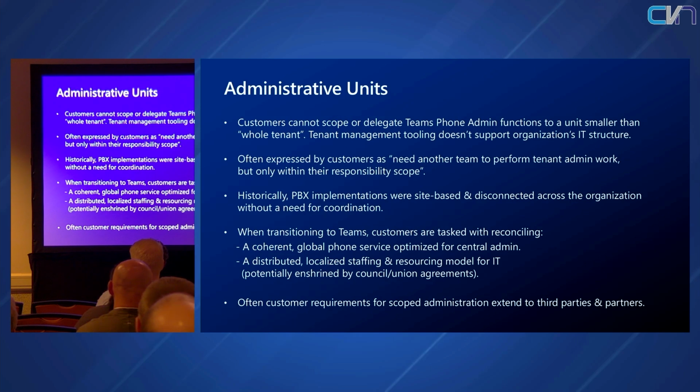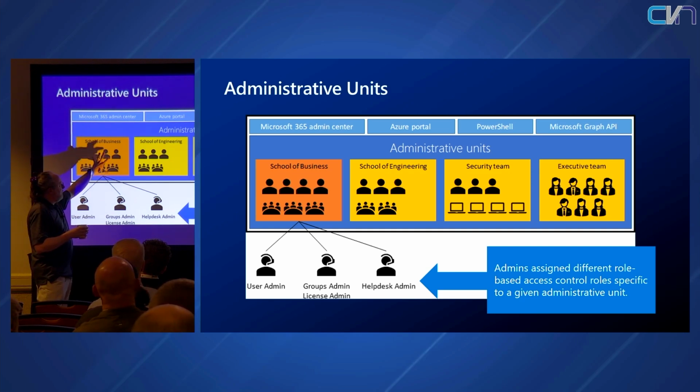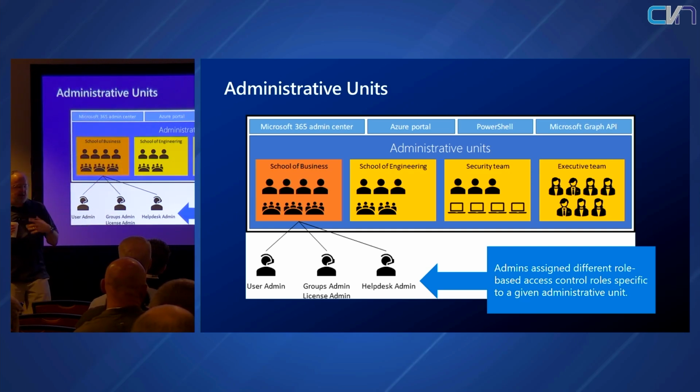And when customers then transition to Teams, they're having to reconcile this and go like, well, Teams doesn't work like this at all. Teams is a single global, single kind of coherent instance across the globe, as opposed to a whole bunch of kind of federated together call processors. And so what we end up getting to are scenarios where customers want to have groups of user devices separated out into different buckets.